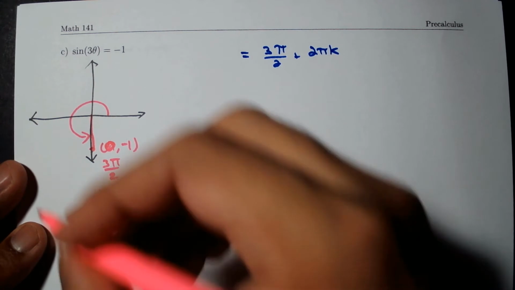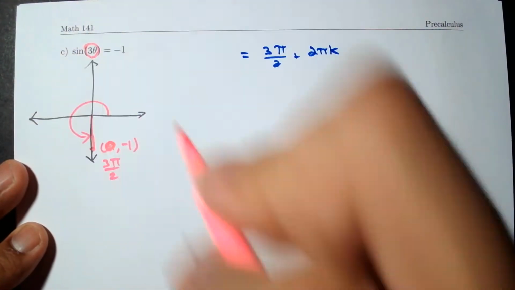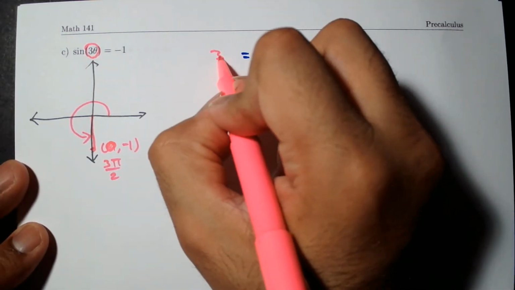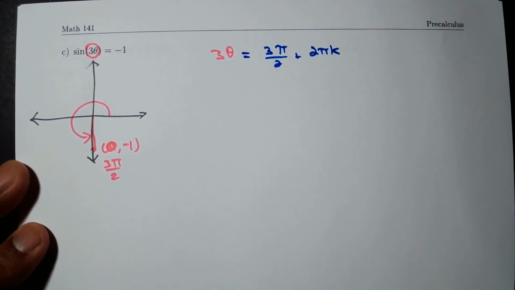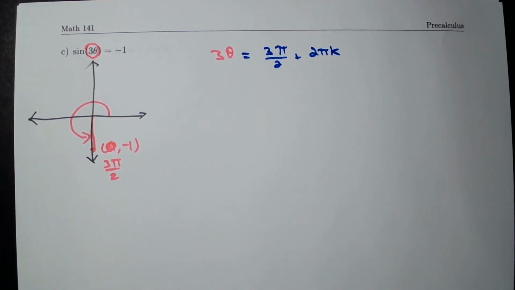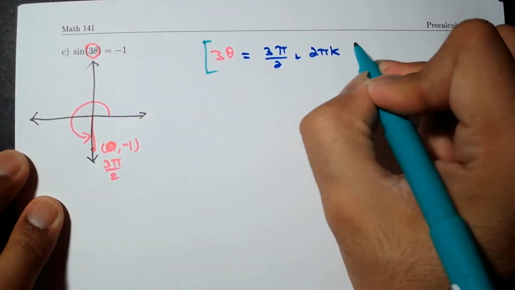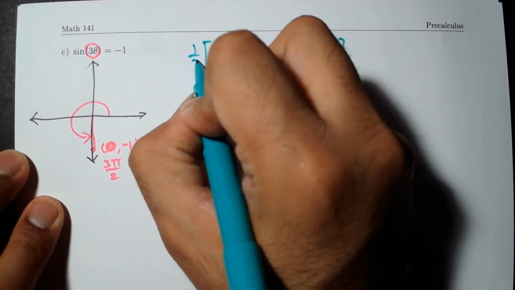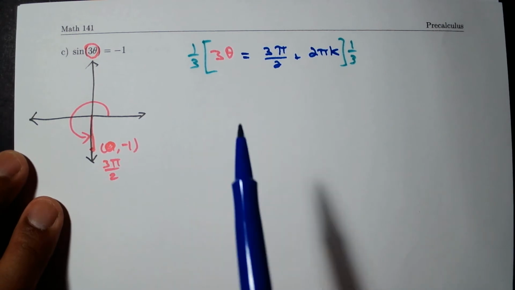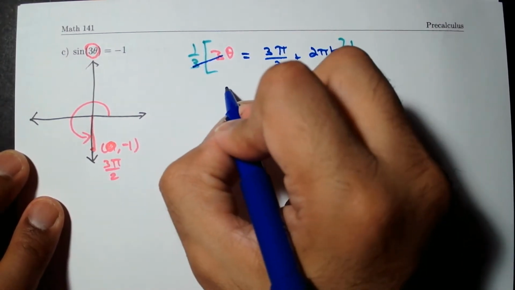In this case, the entire angle is 3 theta. So what are we going to do? Let's divide both sides by 3, because we want to solve for theta. The 3's go away.